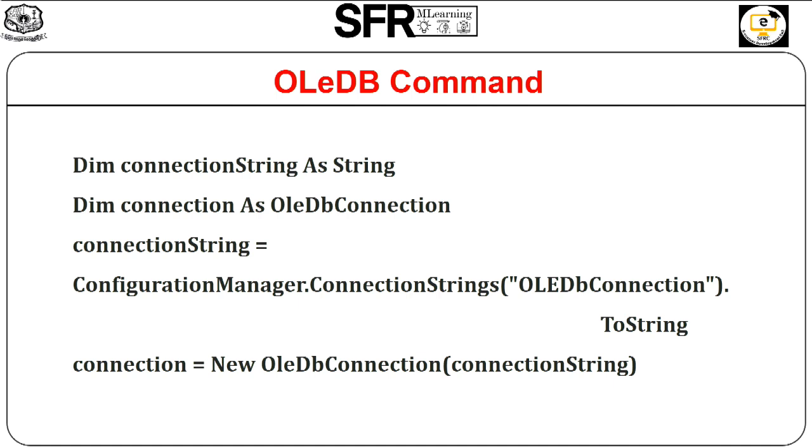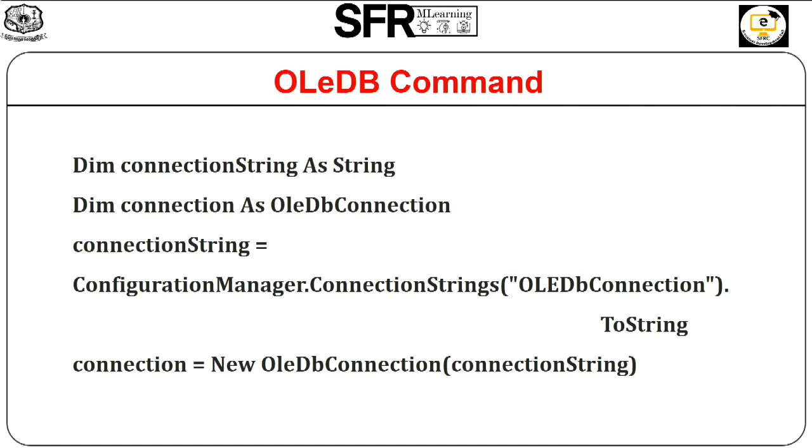ConfigurationManager.ConnectionStrings, and within the parentheses we have to specify which connection we are going to establish, that is OleDbConnection.ToString. That ToString is nothing but a method. It is used to convert our argument into string characters. Next we have to create a new connection, that is connection is equal to New, and what connection are we going to create? OleDbConnection.